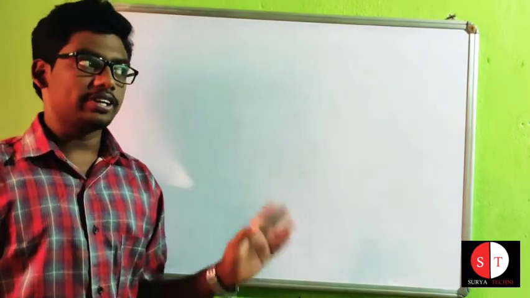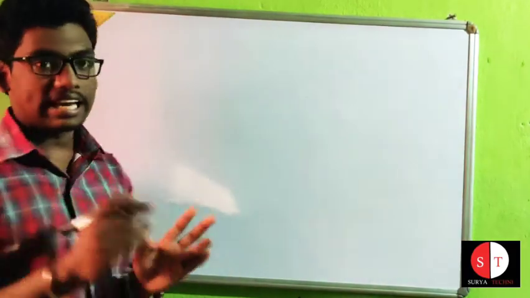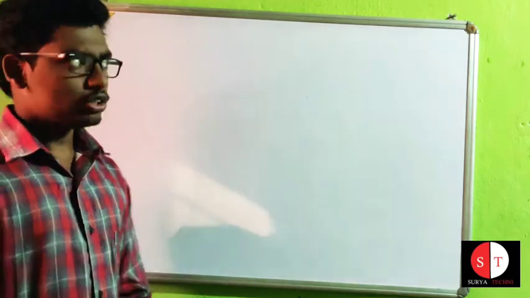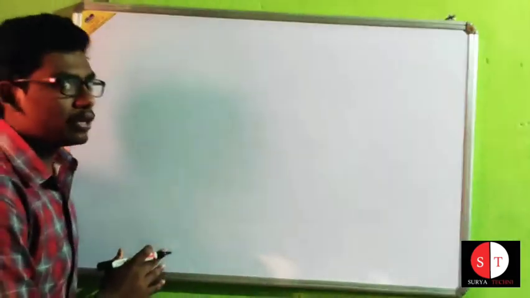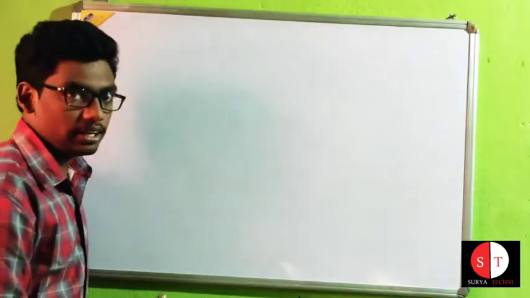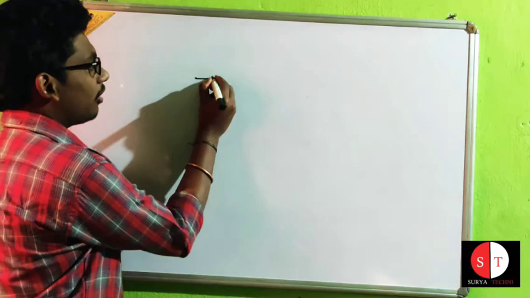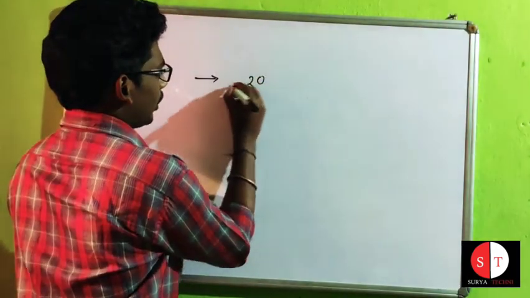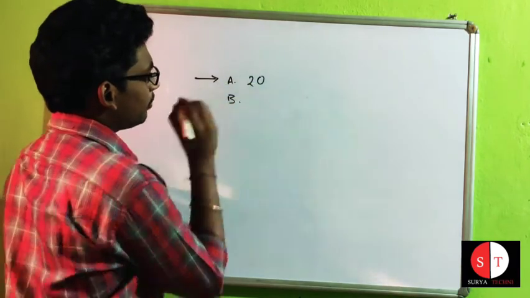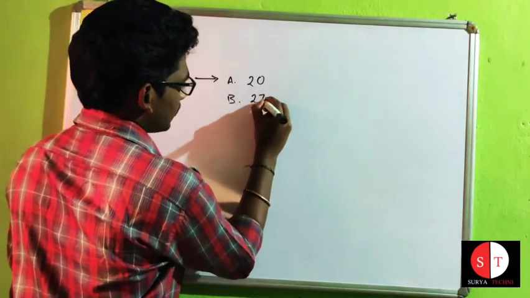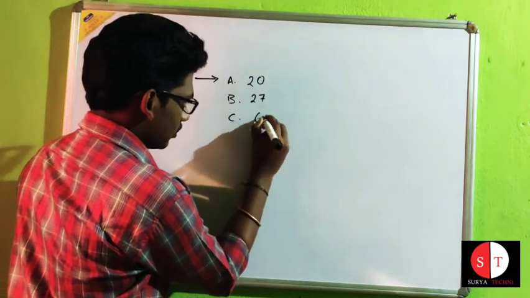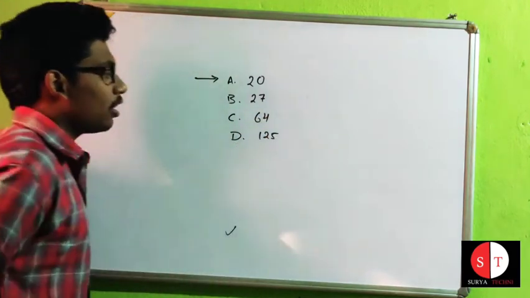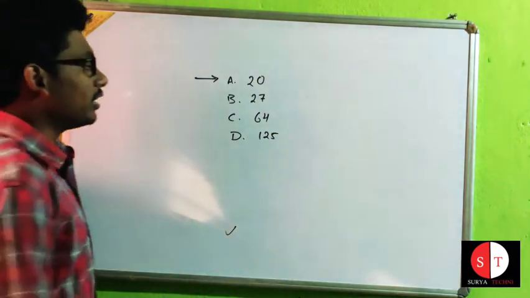Now I will discuss the first part, related numbers. How do we find the odd one? It is simple. Option A is 20, option B is 27, option C is 64, option D is 125.